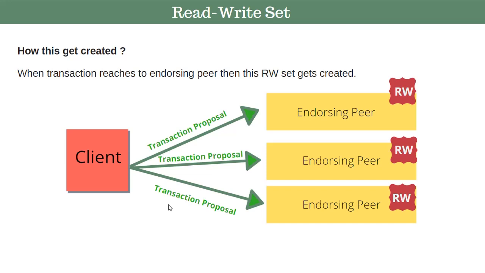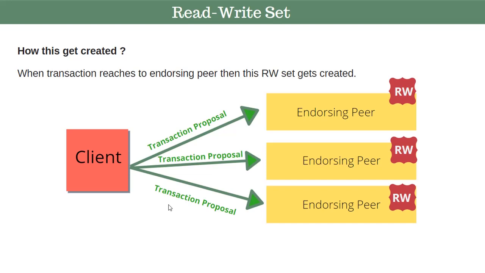Clients always send the transaction to the endorsing peer, and these peers have a chaincode running. Whenever a transaction comes to the endorsing peer, it runs the chaincode with the given input received from a client and produces an output.